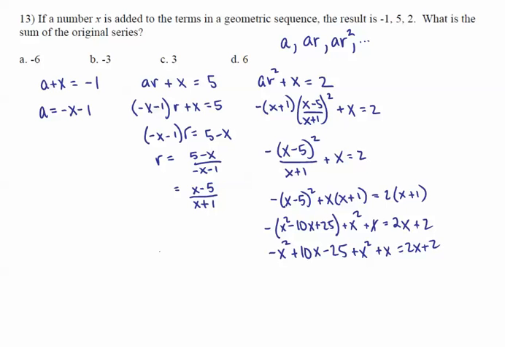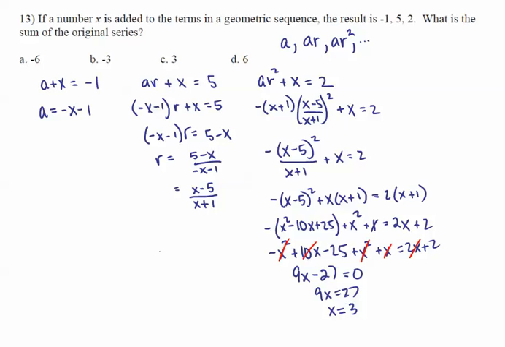I can see that my x squareds are going to cancel, which is great, and I will end up with 10x plus x, which is 11x, minus 2x, which is 9x. Now all of my x squared terms are gone, and I have negative 25 minus 2, which will bring me to negative 27, and that's equal to 0. And 9x is 27, so x is equal to 3.